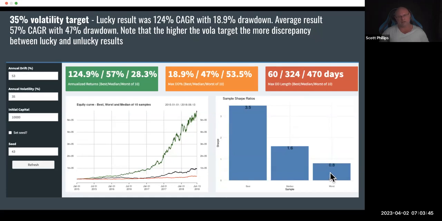Acceptable, but not great. So look at this: our best result, dream come true. Our worst result, pretty good, but still probably a little bit hateful to sit through. Are you seeing that there are no free lunches in this?